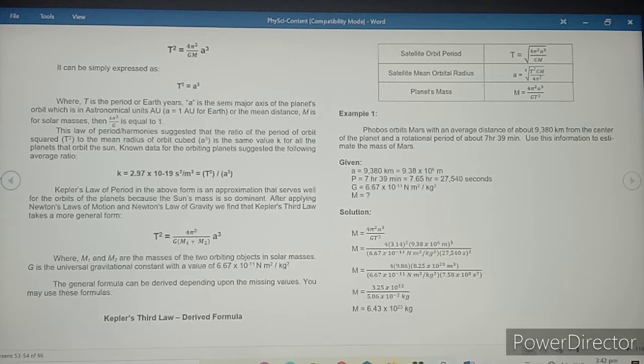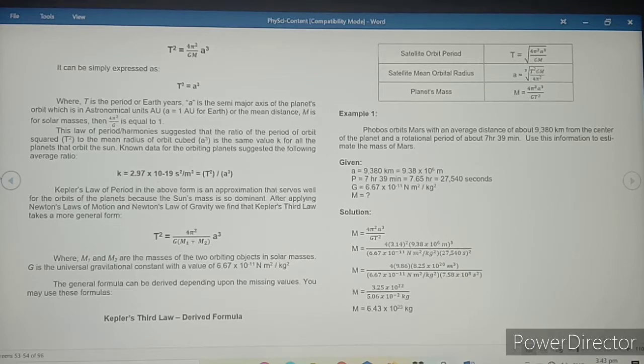For the satellite mean orbital radius, or a, we have the cube root of T squared times G times M over 4 pi squared. And if the planet's mass is missing, the derived formula is M equals 4 pi squared a cube over G T squared.